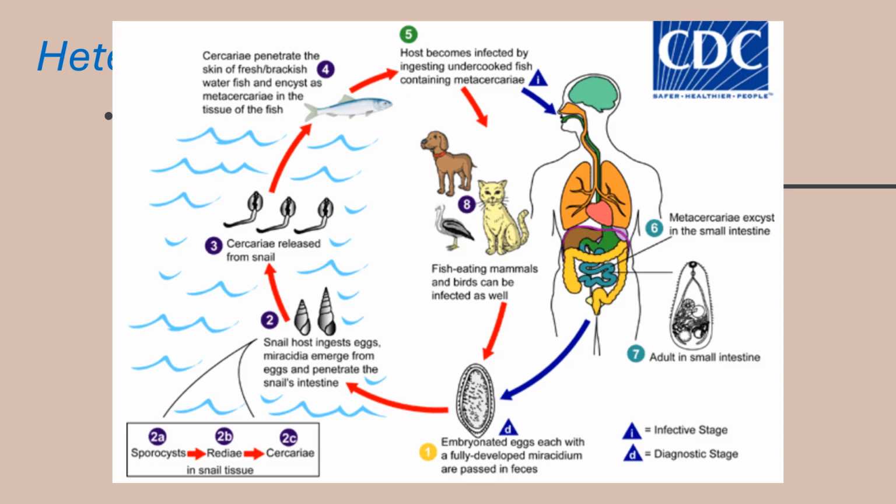It will develop into sporocyst, then redia, then cercaria, and the cercaria will move outside of the snail and penetrate the skin or scales of fresh or brackish fish. The human host then becomes infected upon ingesting undercooked fish containing the metacercaria, and the cycle continues.